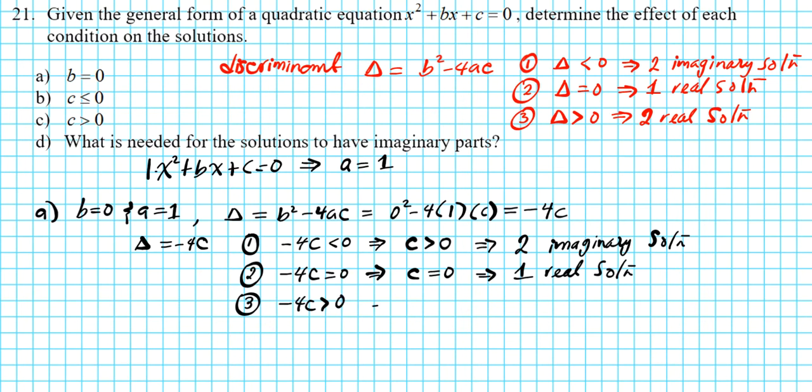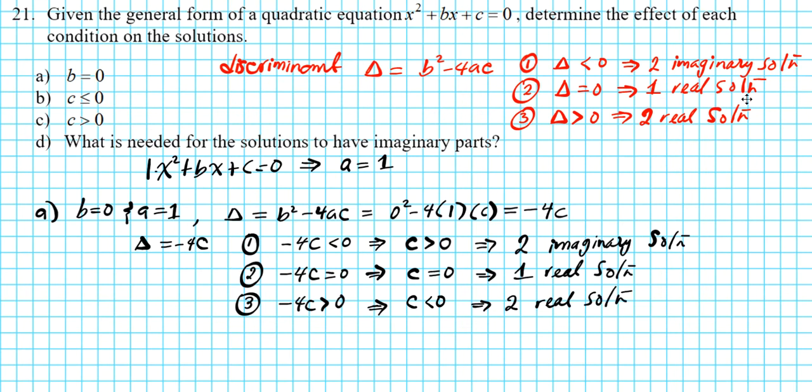Is the solution to this inequality defined for a particular real number value of c? Absolutely. If you divide both sides by negative 4, you have c less than 0. And in this case, if you look at the discriminant, you have two real solutions.